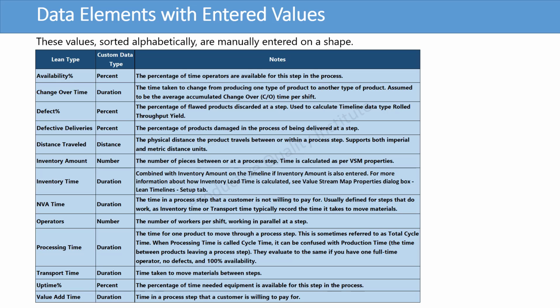Duration of transport time: time taken to move materials between steps. Percent of uptime: the percentage of time needed equipment is available for the step in the process. Duration of value-add time: time in a process step that a customer is willing to pay for.